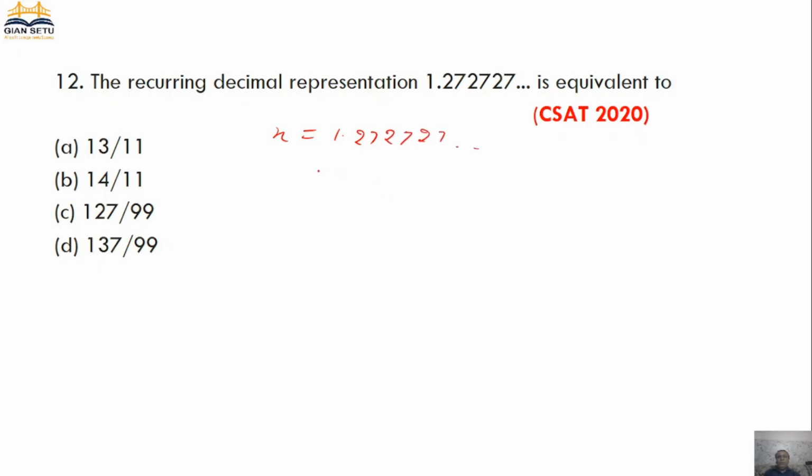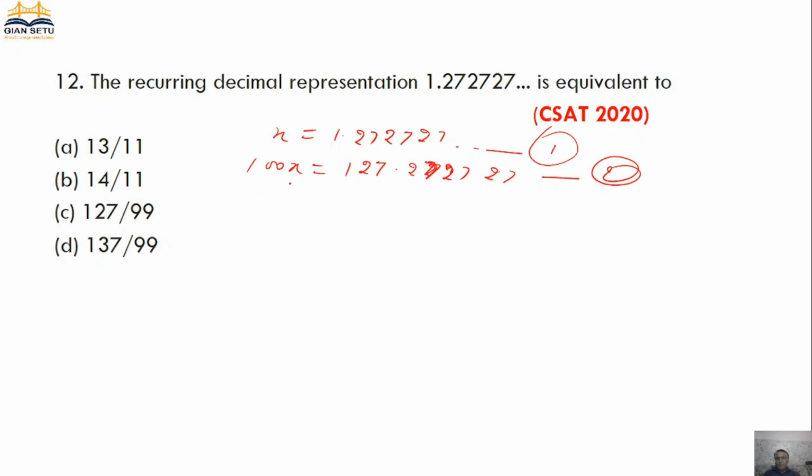Okay, now let's multiply this number by 100 both sides. Let's say this is equation 1. Now if we multiply it both sides, it will be 127.2727 and so on. So this is equation 2.